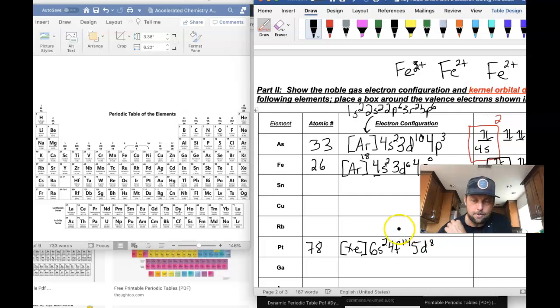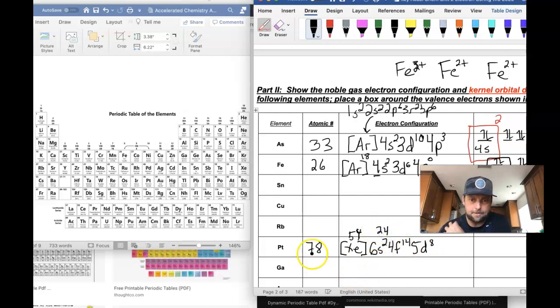And if you're wondering how I knew it was 5d, it's because the D block starts with 3d, 4d, and then 5d down here. So just to double check and count our electrons, xenon has 54. And then if we add up the electrons for the other outer shell, we get 2 plus 14 plus 8, which gives me another 24.